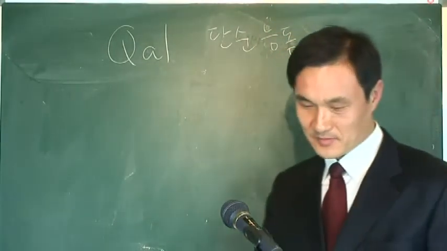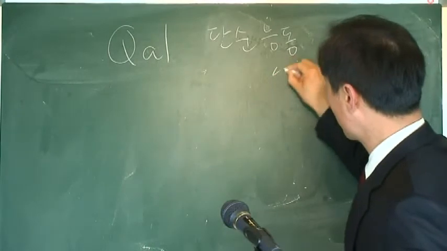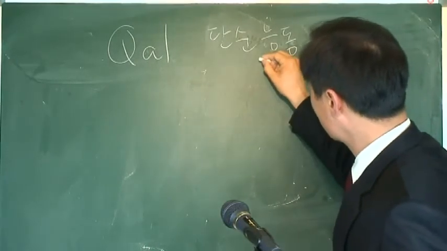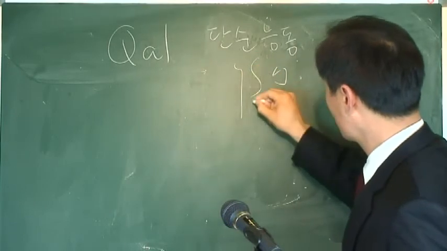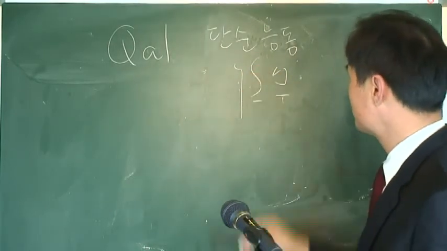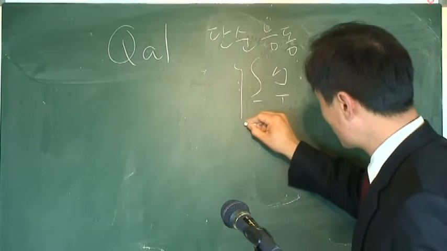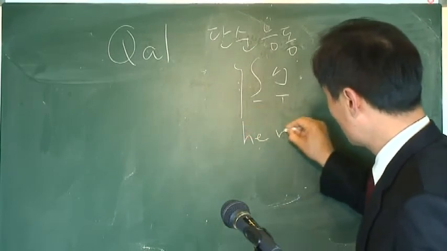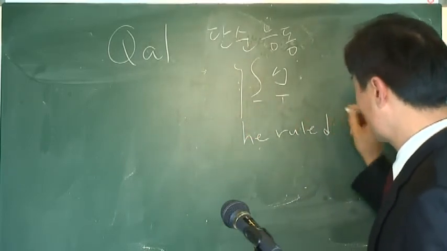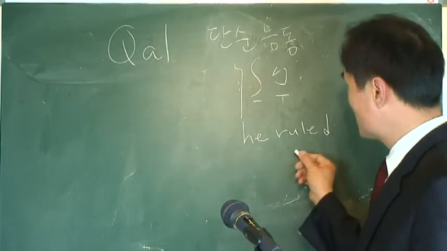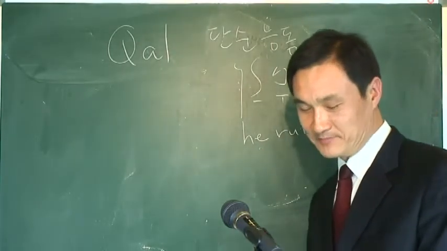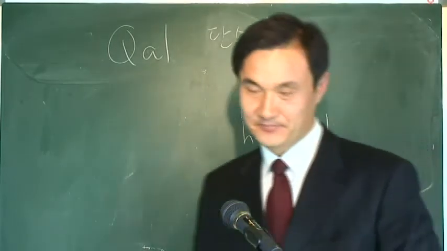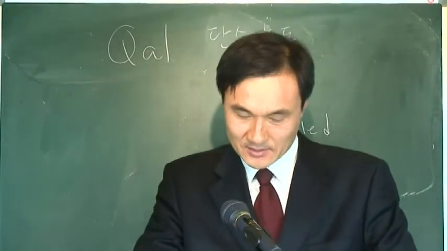The call stem has a simple active voice. Again, Malak, which means he ruled in the past tense. This has a simple active voice.